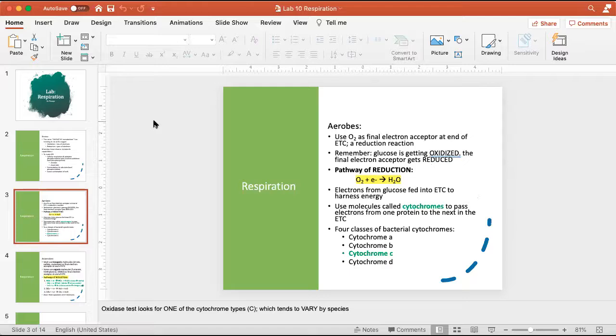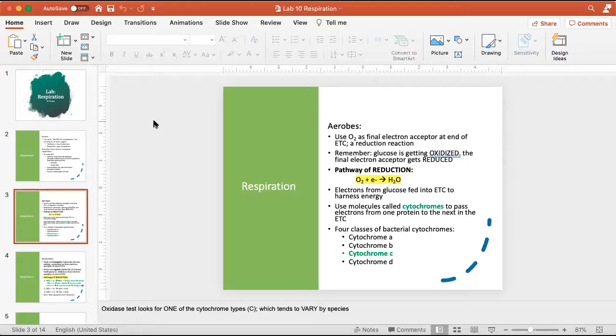So we've talked a lot about aerobic cellular respiration, respiration that uses oxygen as the final electron acceptor at the end of the electron transport chain. Remember, it's just a long series of oxidation reduction reactions. It takes this molecule glucose and it breaks it apart. It breaks all of the covalent bonds that are holding that molecule together.